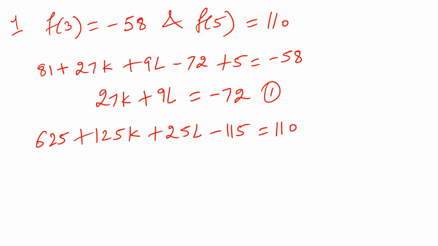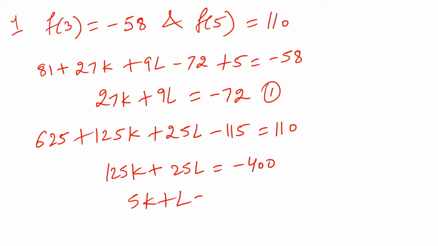Now if we simplify this expression, we'll be getting 125k + 25l = −400. Or if we divide by 25 throughout, we'll be getting 5k + l = −60. Right? Let's consider this as the second equation. Now we'll be solving these two equations 1 and 2 mutually.